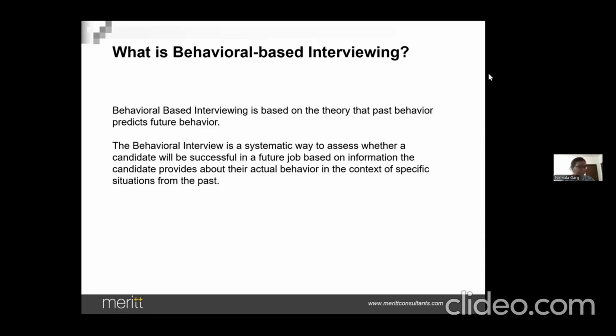Can you give one more? Interpersonal. Absolutely interpersonal. Why? To interact with campus people, placement people, his own other corporate people. So they have multiple stakeholders. Interpersonal communication is very important.